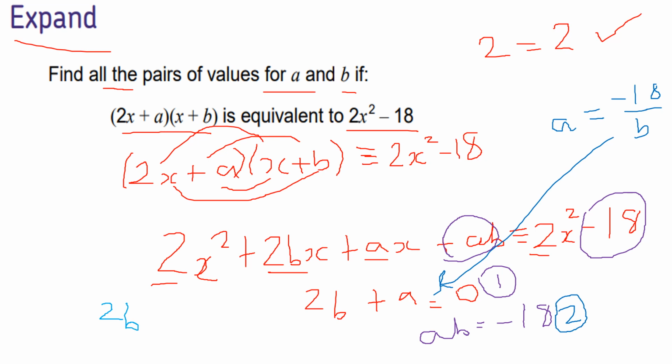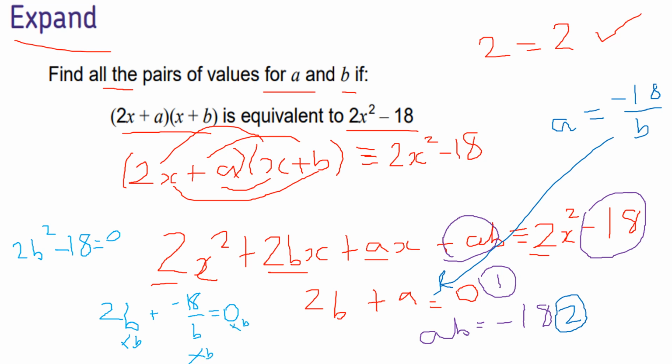I'm going to multiply everything through by b, so I get 2b squared minus 18 is equal to 0. Times that by b, times all this by b, so it just goes to minus 18, and then times 0 by b, I get 0.